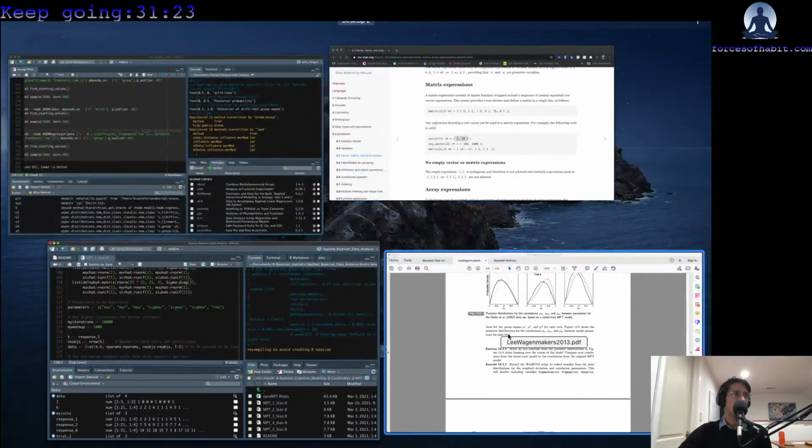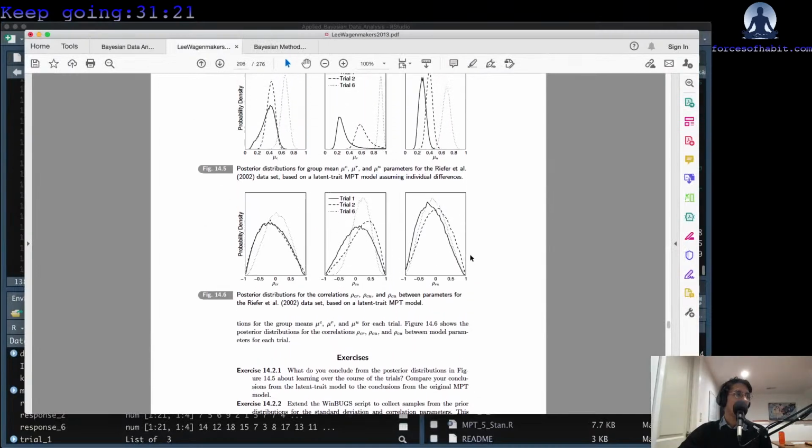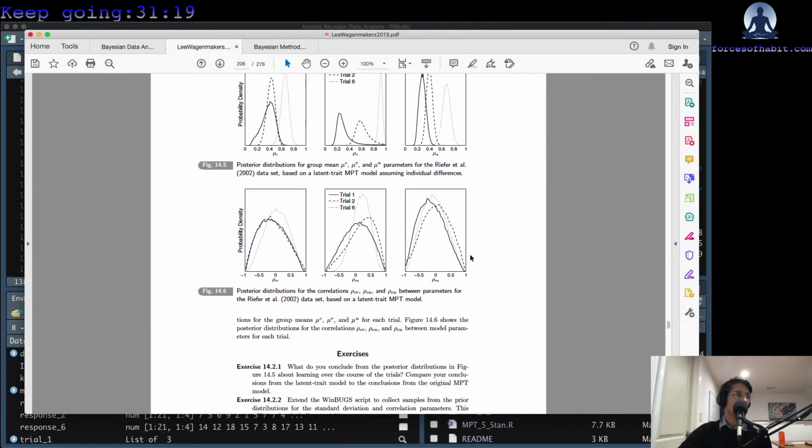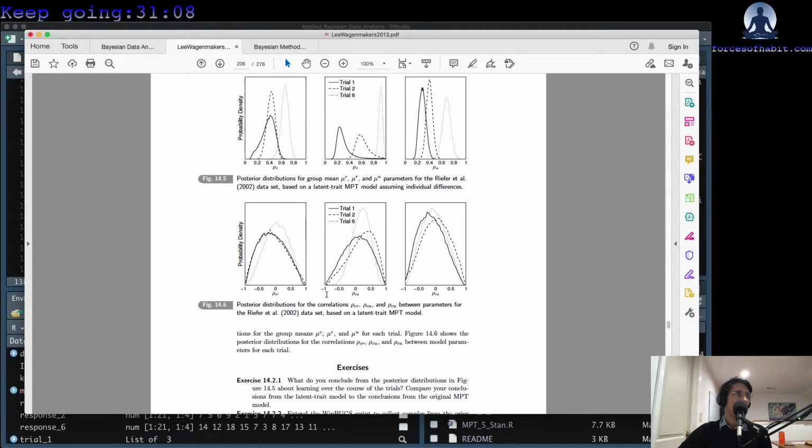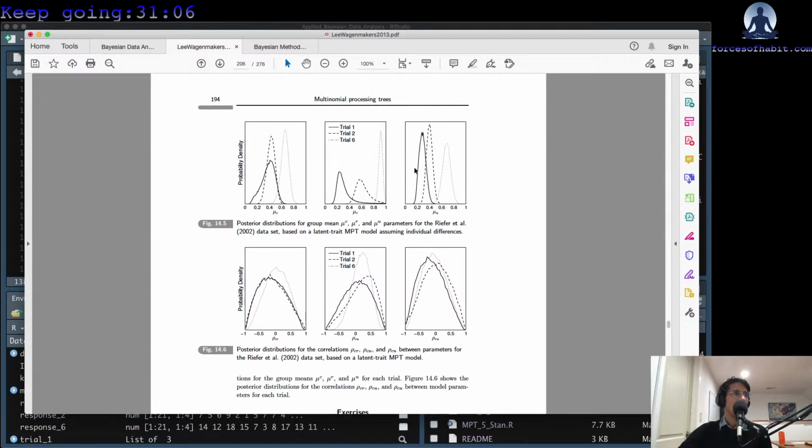So let's look at the question. What do you conclude about the posterior distributions in figure 14.5 about learning over the course of trials? Compare your conclusions to the original model. Well, here we have the averages for each. So here we still see this effect of increased retrieval from clusters.